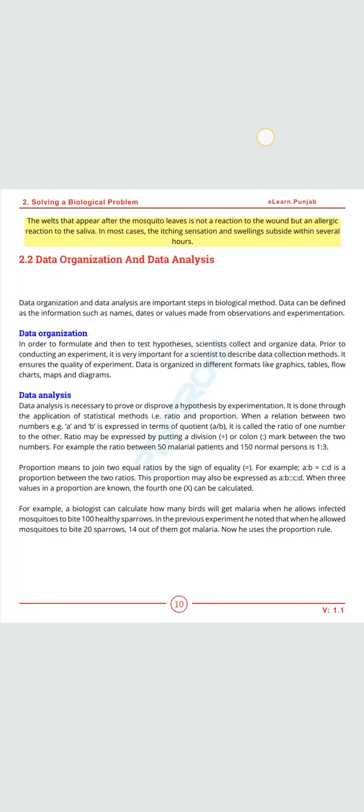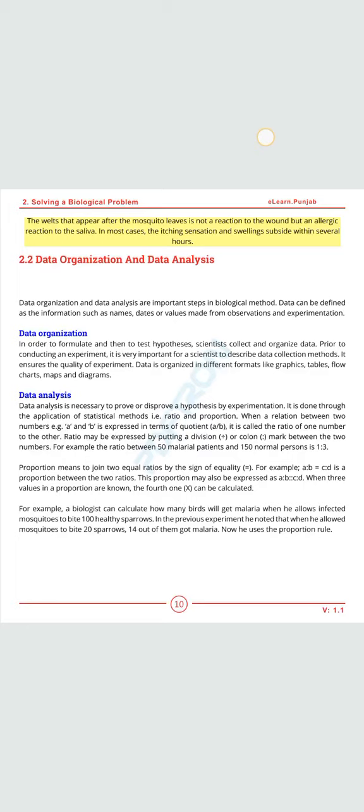When a relation between two numbers a and b is expressed in terms of a over b, it is called a ratio of one number to the other. Ratio may be expressed by putting a division or colon mark between the two numbers. For example, the ratio between 50 malarial patients and 150 normal patients is 1 over 3, 1 ratio 3.